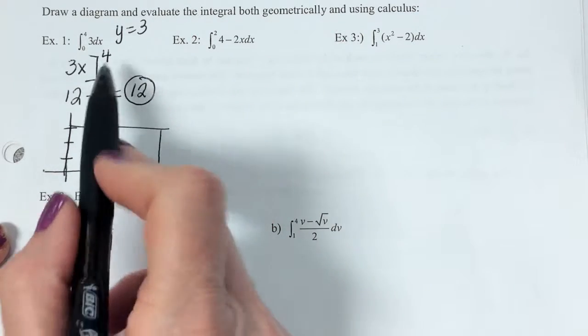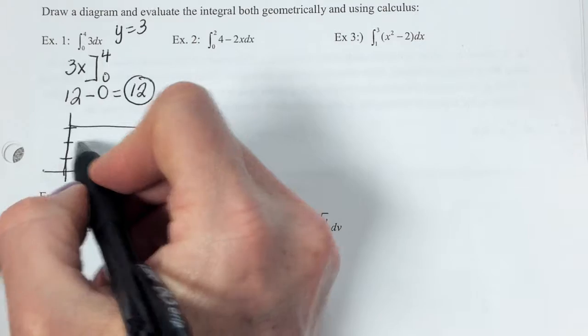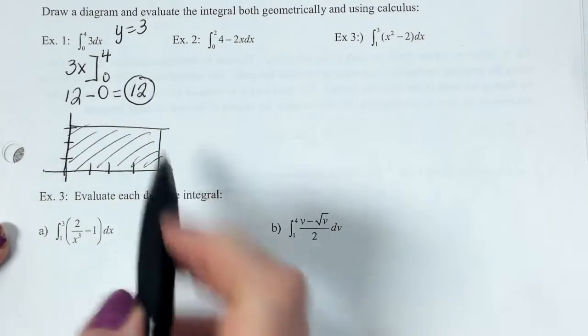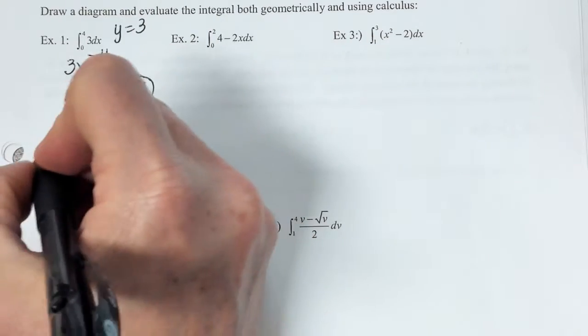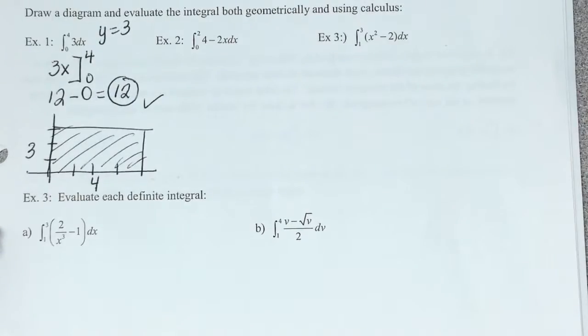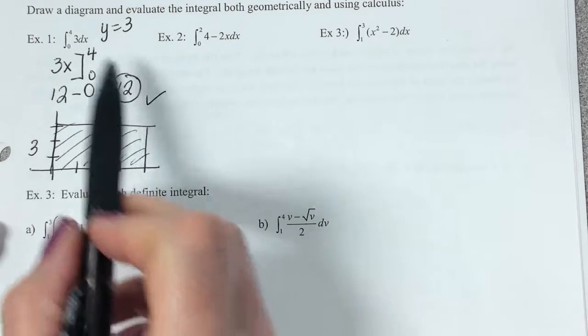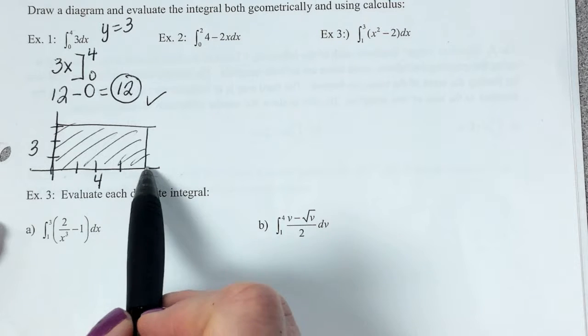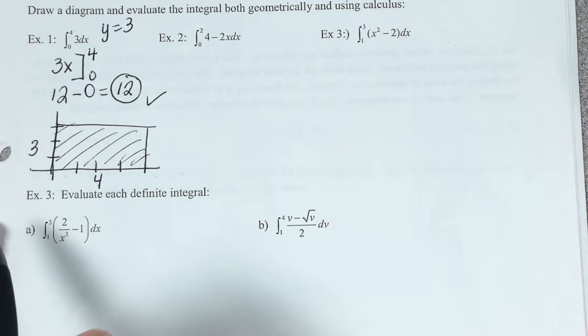So what we're actually doing when we do this problem is we're finding this area. Well, this is our base, 4. This is our height, 3. 4 times 3 is 12. That's all we're doing is finding the area under the curve, bounded by these values, a and b, and also bounded by the x-axis. Okay? Questions on that?